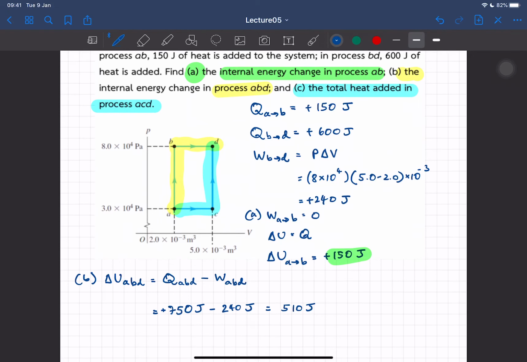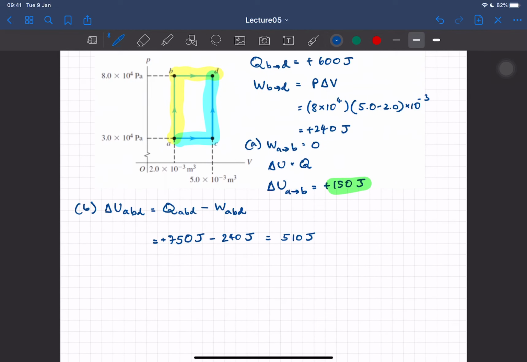Before you can do any calculation, let's just write down the formula. So delta U ACD is the same as before, right? Except you are taking different parts, so it's Q ACD minus W ACD.